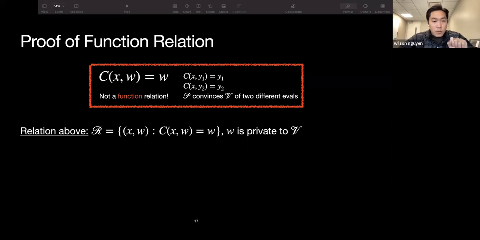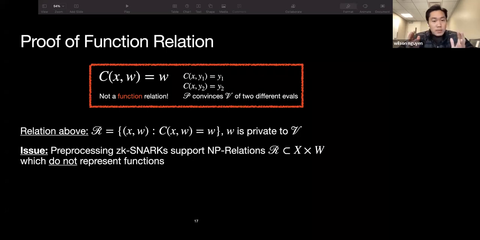So let's look at the relation in particular described above. It's all tuples X and W such that C of X, W is equal to W, in which W is private to the verifier. You can see here that this is definitely not a function relation.